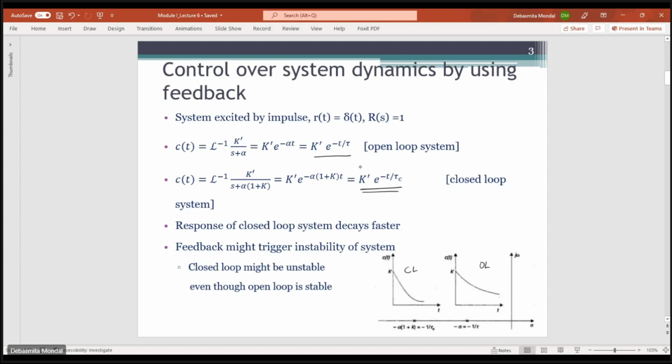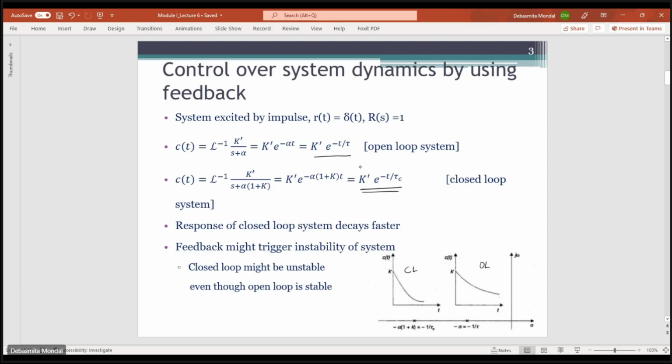Now let us say that this transfer function is a non-linear expression, where E is the input for this block and C is the output, and the expression is given by f(E) equals E square. E square is basically a non-linear function.